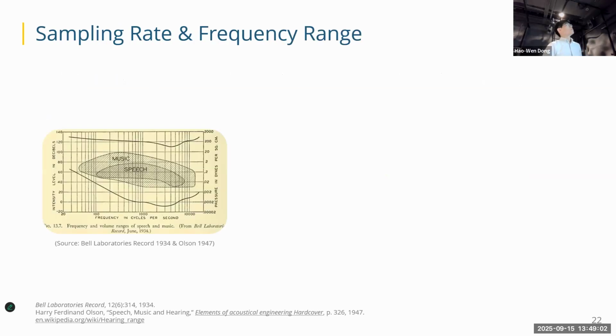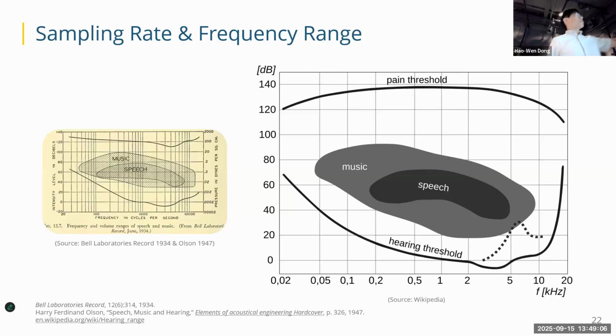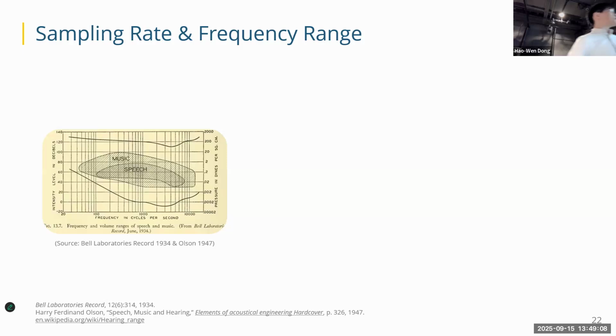Cool. So this is the frequency range that we have. This is the original 1934 Bell Lab. Bell Lab is where they invented the telephone, and all the early audio research was done at Bell Lab. So this is 1934.